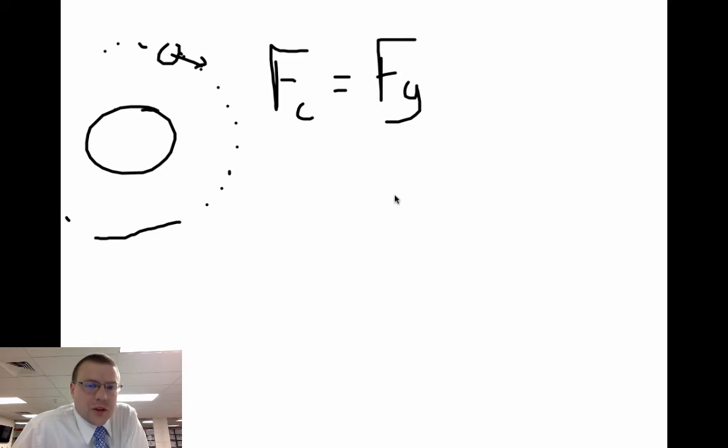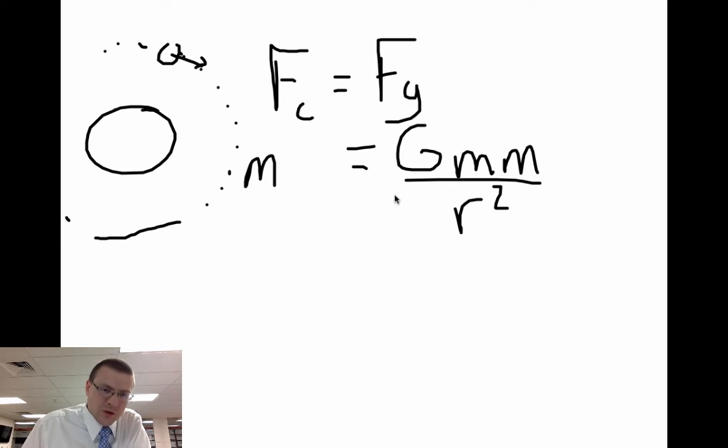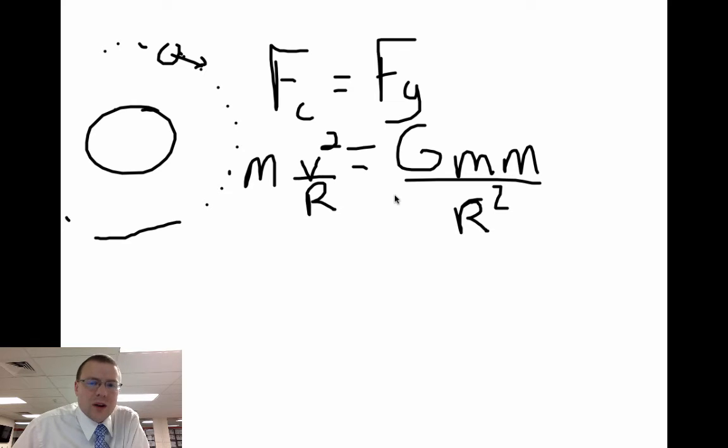So gravity becomes our centripetal force. The gravitational equation is big G, mass 1, mass 2, all over distance squared. For centripetal force, you take mass times acceleration, which is v squared over r.